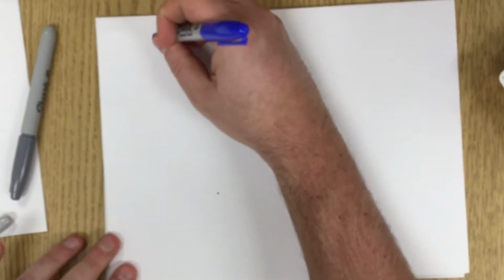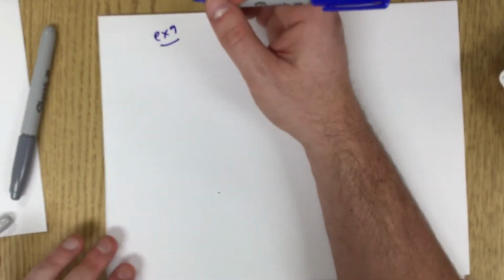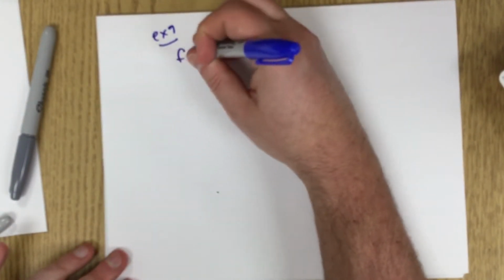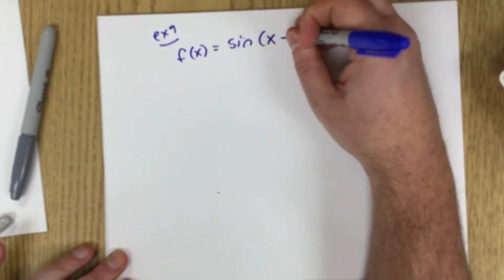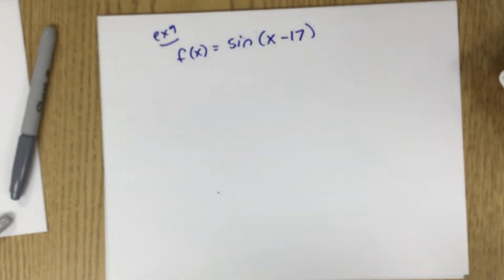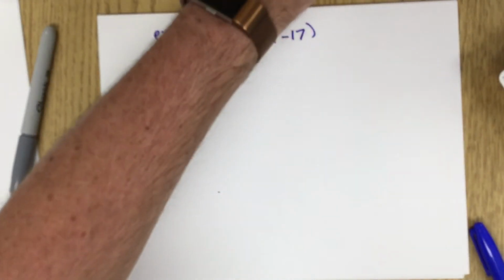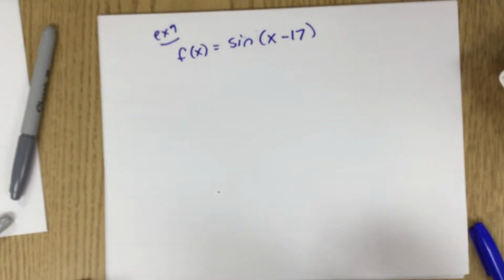Now we're going to do example 9. So this is moving to the right. If you remember your transformations, this is what a move to the right looks like. For periodic functions specifically, we have a special name for this.